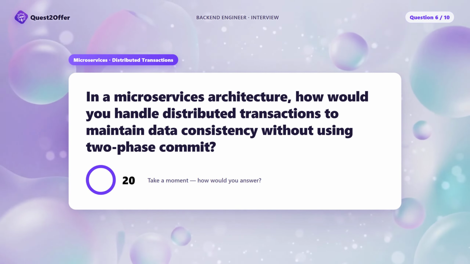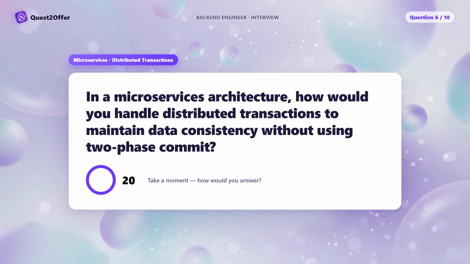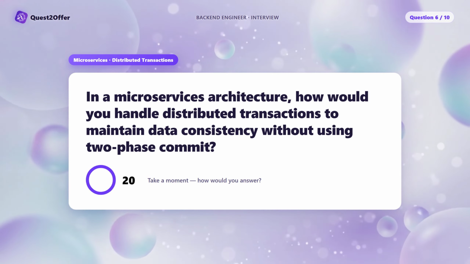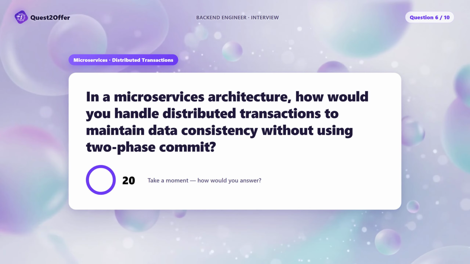Question 6. In microservices, how do you handle distributed transactions without two-phase commit?